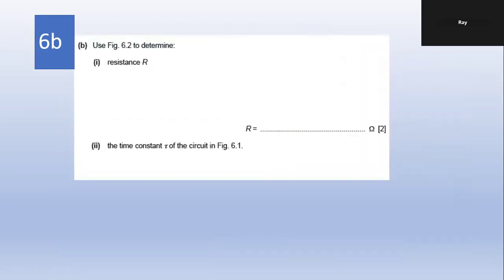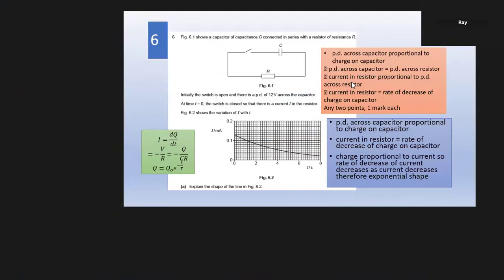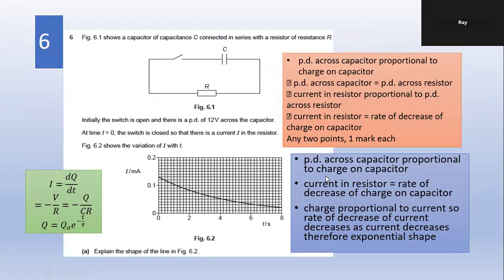Use figure 6.2 to determine the resistance. R equals V over I. You are told initially it is 12 volt, so that's the initial current.